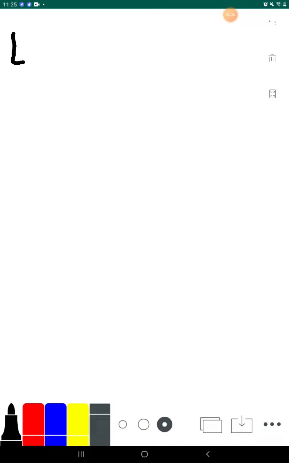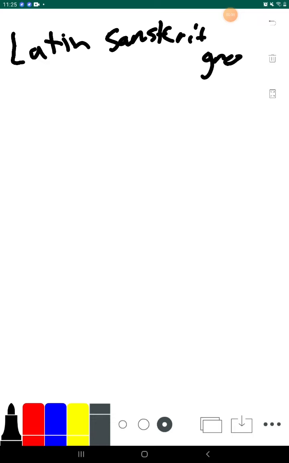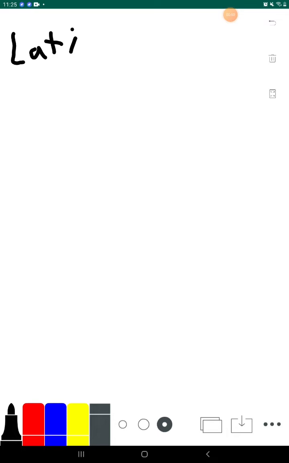So it's Latin, it's Sanskrit, and it's Greek. And these languages will make up all the languages we have today. So, let's talk about Latin in specific.